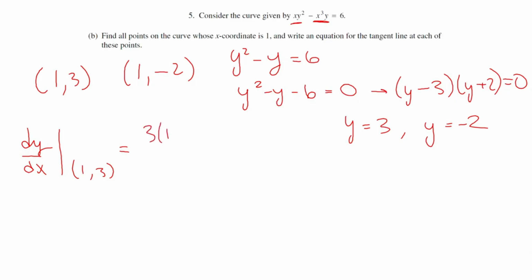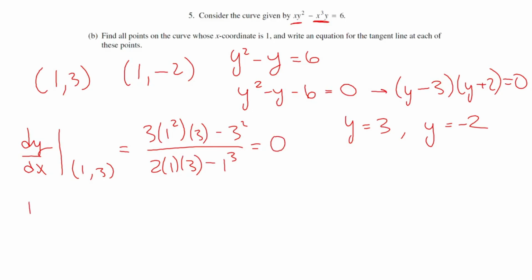So that'll be 3 times 1 squared times 3, minus 3 squared, all over 2 times 1 times 3 minus 1 cubed. And so in the numerator there, we've got 3 times 3 is 9, minus 3 squared is 9. So we're going to have 0 there, divided by something that is not 0. So that's just equal to 0.